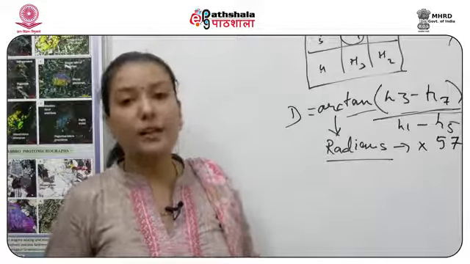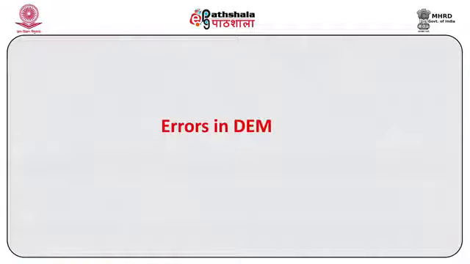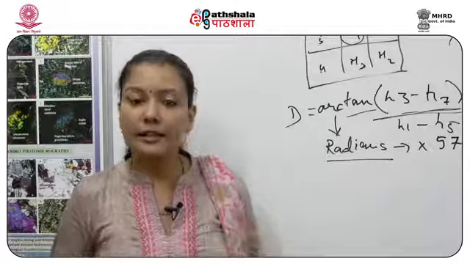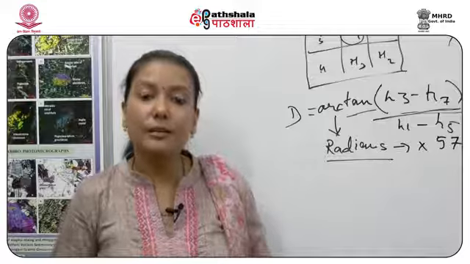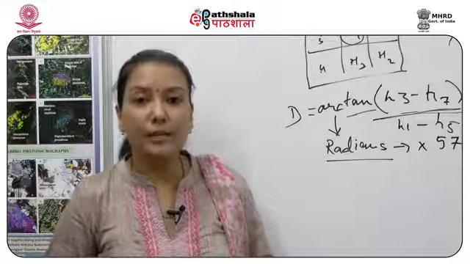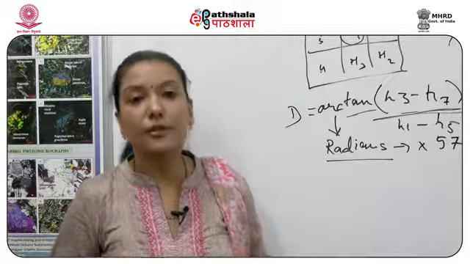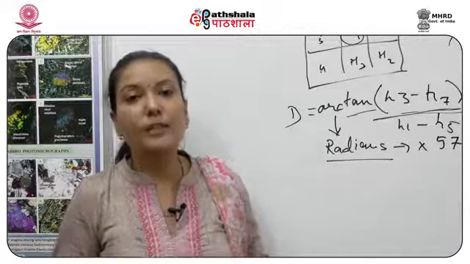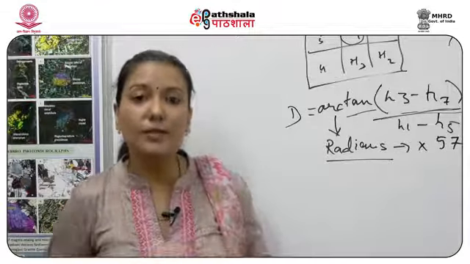Other than this, now let's talk about the errors in DEM. We know we can utilize DEM for so many parameter analyses and get a lot of stuff. We can have the visualization. However, sometimes the DEM values suffer from some errors. These errors are usually known as the sink values. What are the sink values? Now, because the DEM values have not been calculated at each and every grid cell, there are some interpolations involved.